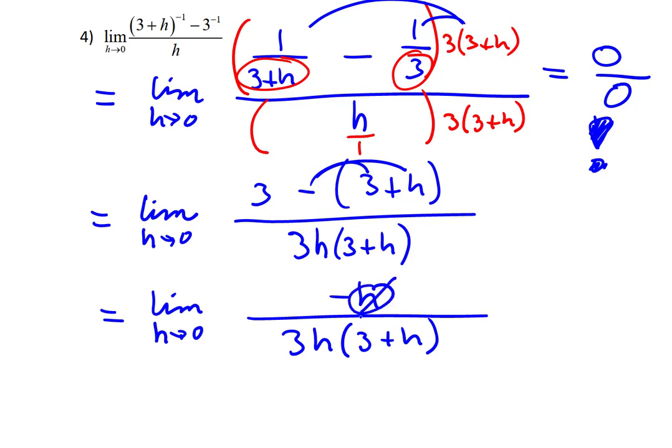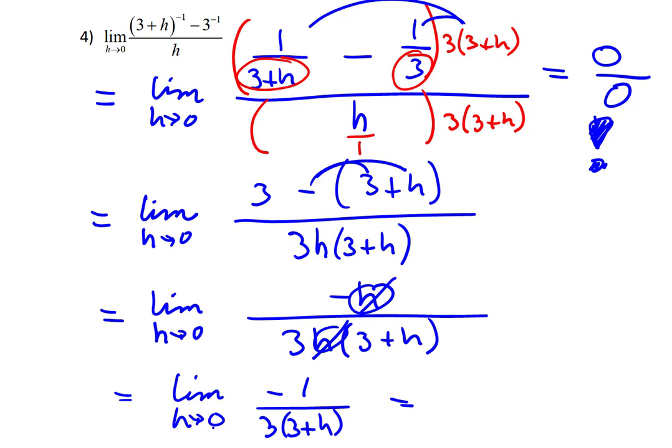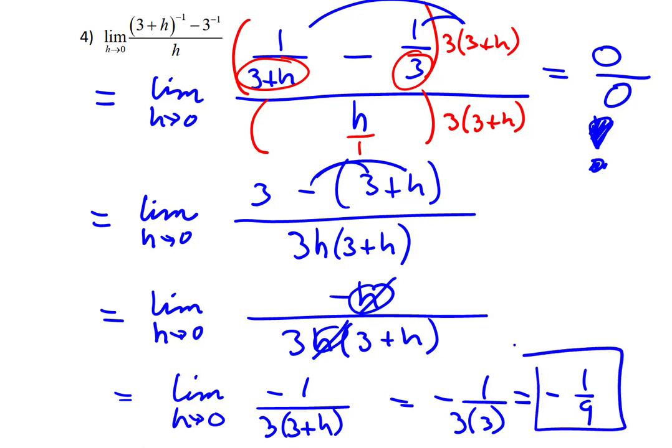These h's will cancel, that is, the h in the numerator and the h in the denominator that's outside of the parentheses will cancel, which simplifies this to be the limit as h approaches 0 of really just a negative 1 in the numerator now over a 3 times a 3 plus h. But now if I plug in 0 for direct substitution for h, I really have negative 1 over 3 times 3, which is, in other words, negative 1/9. And we have a real number there, which means finally we evaluated a limit.